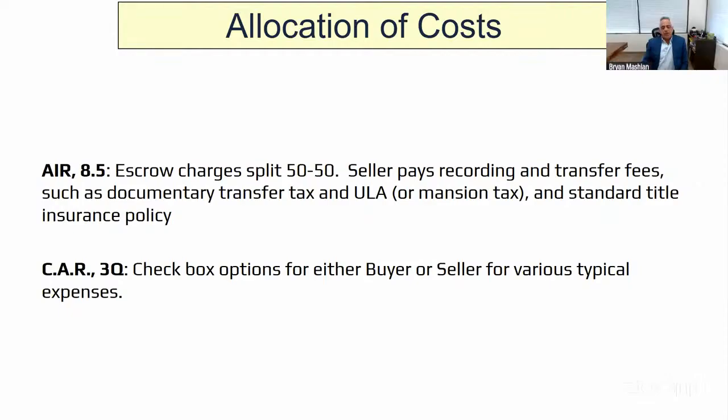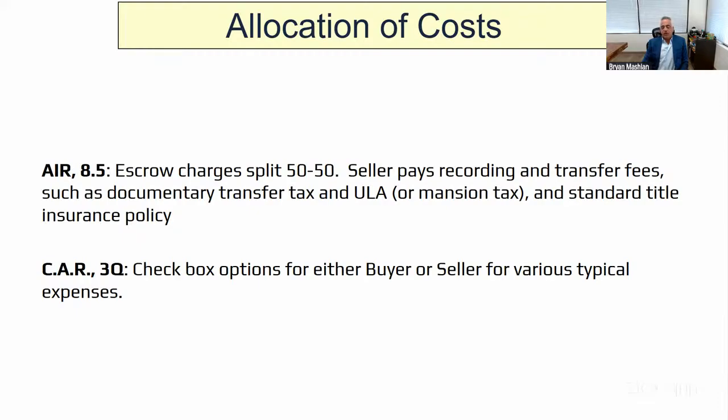So the AIR contract in section 8.5 reflects the Southern California custom for the allocation of closing costs between buyer and seller, as is the customary Southern California way of paying the closing costs. Escrow charges are split 50-50 between buyer and seller. Each party pays half.